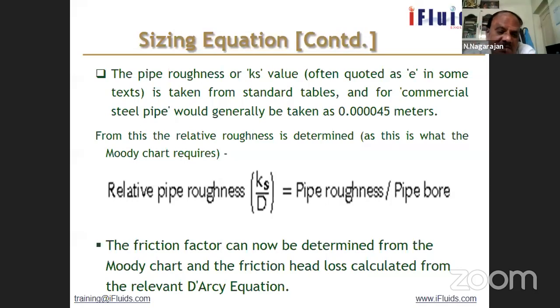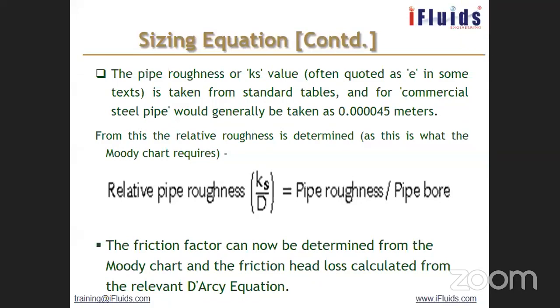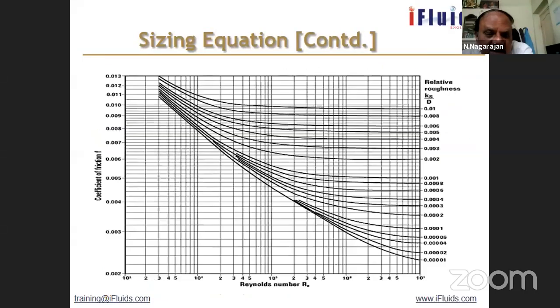Moody also is one of the scientists who has developed the fluid flow characteristics. So frictional head loss is calculated using the Darcy equation we have already seen. So Moody's chart is nothing but Reynolds number on the x-axis versus the coefficient of friction. Okay. And then there are a lot of curves you can see.